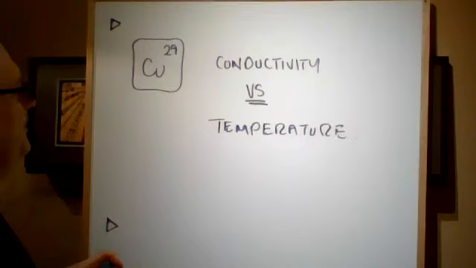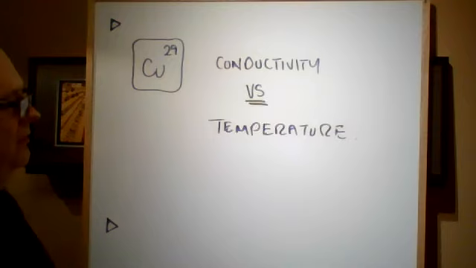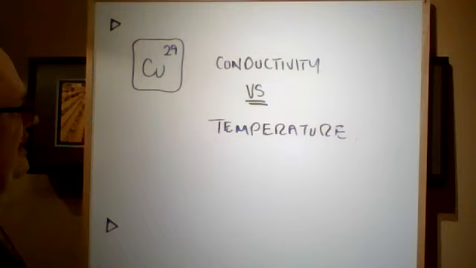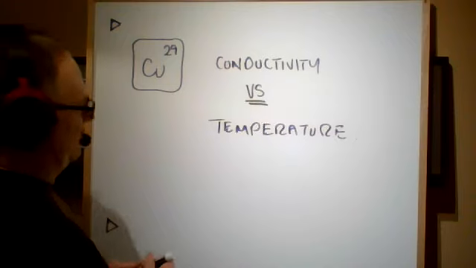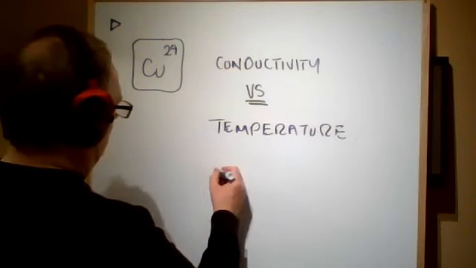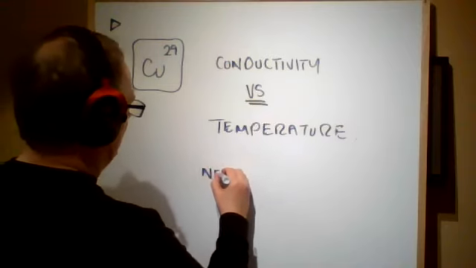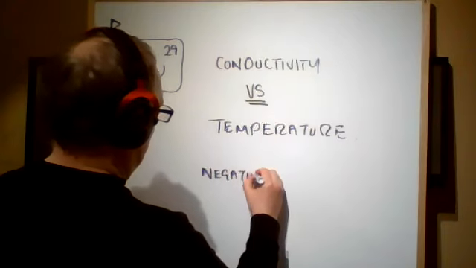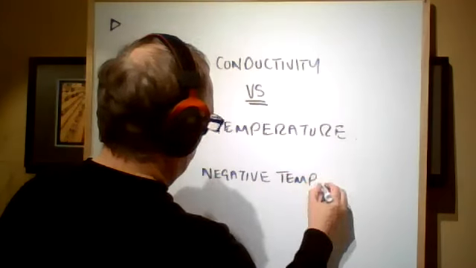All right. One of the interesting things about copper is that the conductivity of copper definitely changes a little bit with a change in the temperature of the material. And the way that we describe this, for copper, is we call it a negative temperature coefficient.